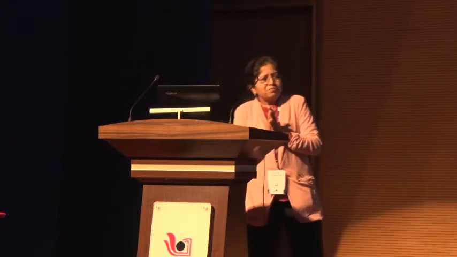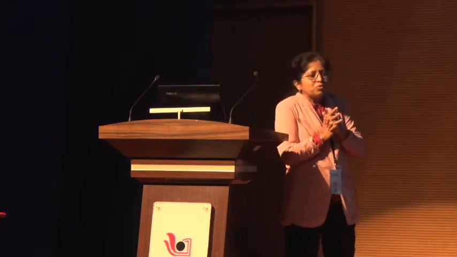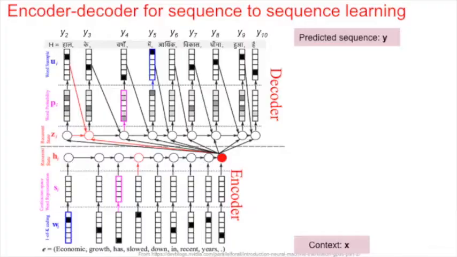So, here is a very popular diagram which is used to explain how translation is done in modern deep networks. It looks a bit complicated, but I am going to take you through this diagram step by step. In the input, the bottommost sentence you see is an English sentence. It says economic growth has slowed down in recent years.